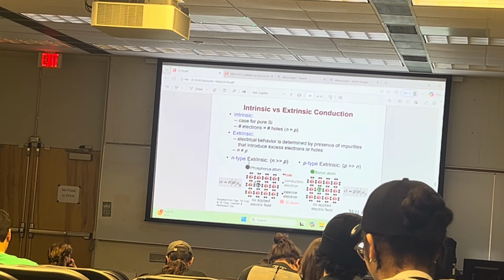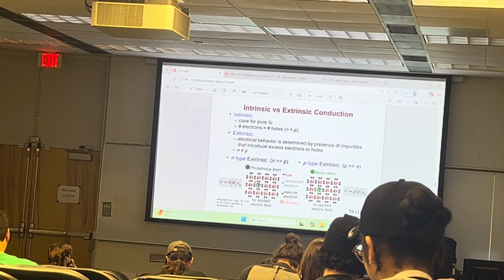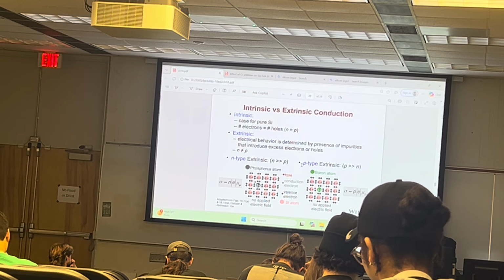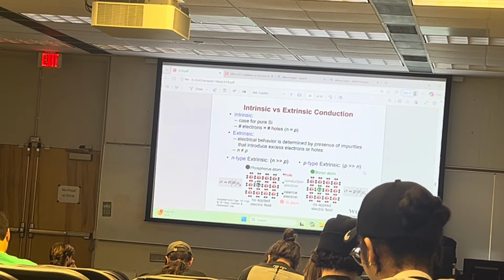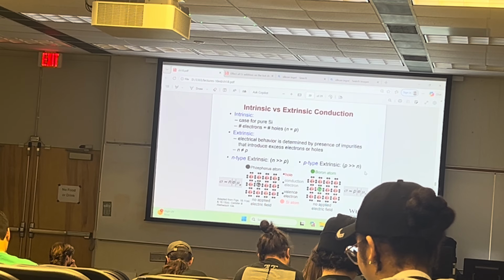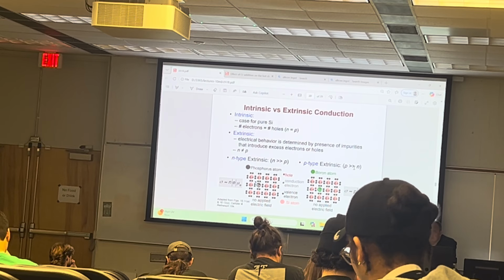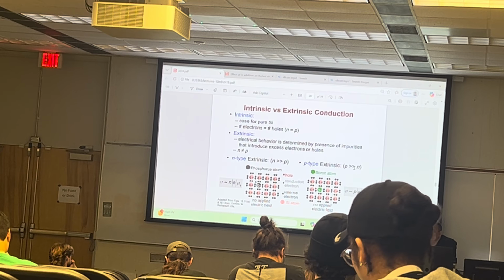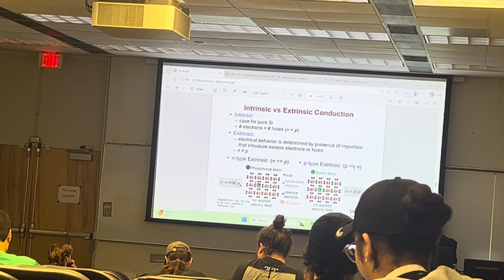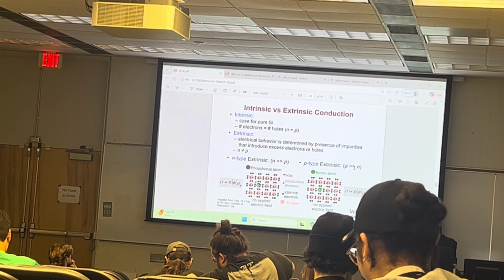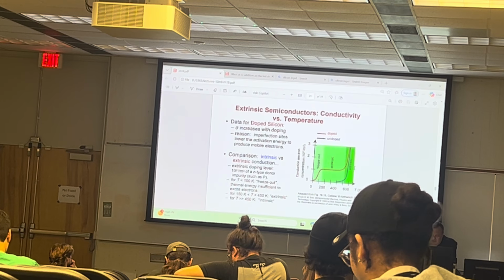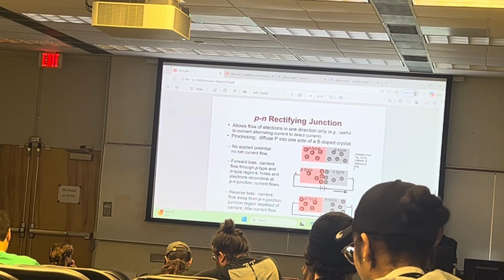N is for electron, versus the one that is missing an electron, like boron, and then it is P-type. So in N-type the concentration of electrons is much larger than the number of holes, and in P-type the concentration of holes is much larger than the number of electrons. Yes? Okay.